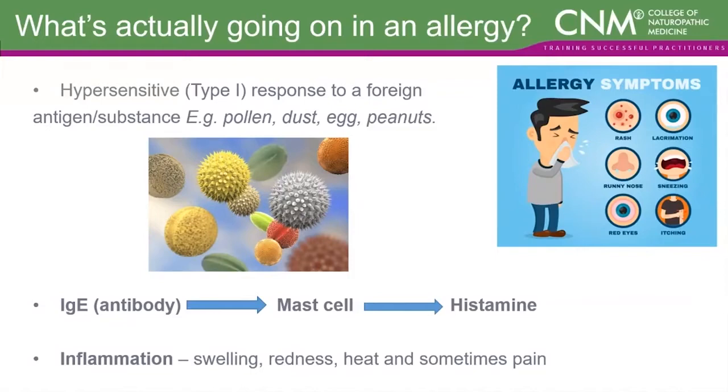Now, what happens is that these IgE antibodies attach to a little cell called a mast cell. The mast cell plays an important role in regulating inflammation within the body. Inflammation is not all bad. Lots of people view inflammation to be a bad or unhealthy process.